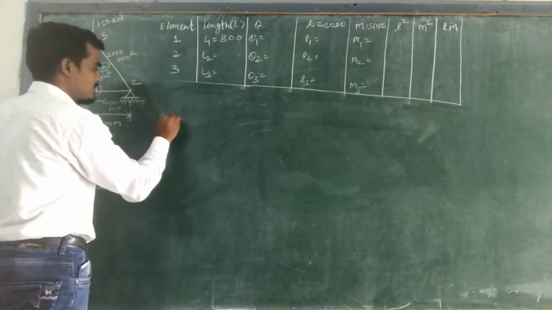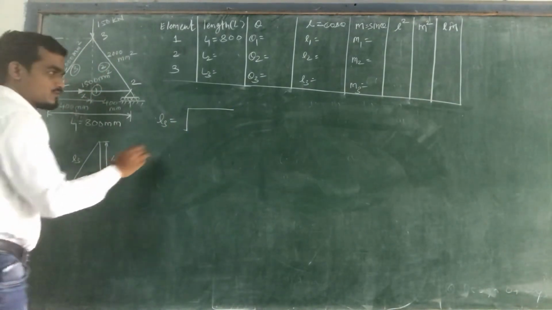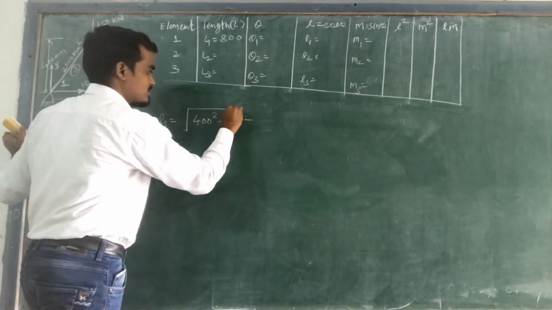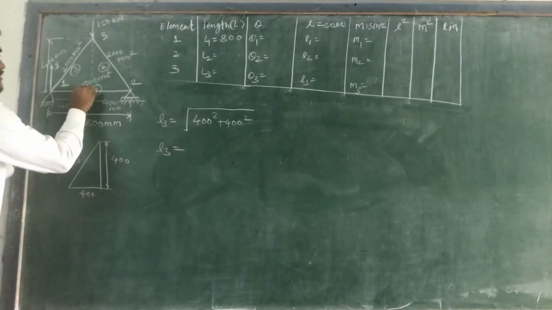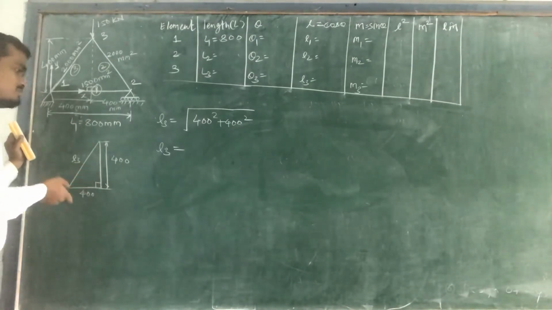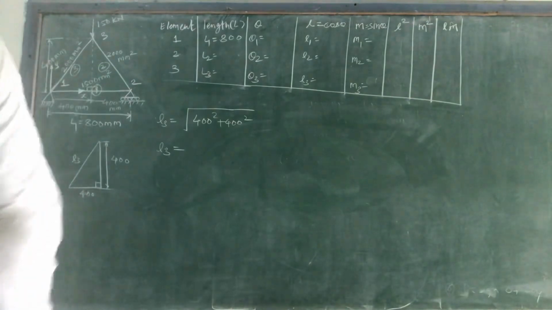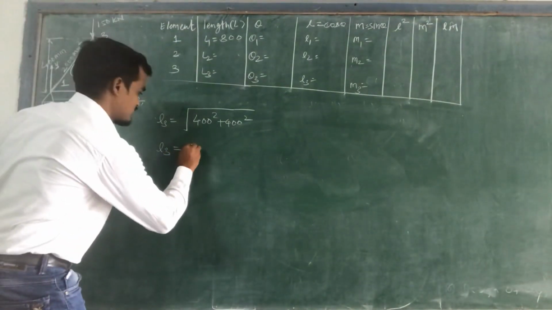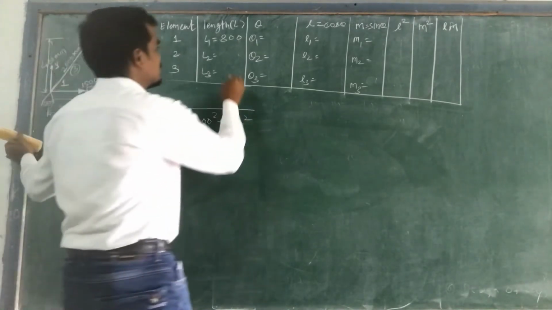L3 will become the square root of this square plus this square, 400 square plus 400 square. So L3 is equal to 565.6.